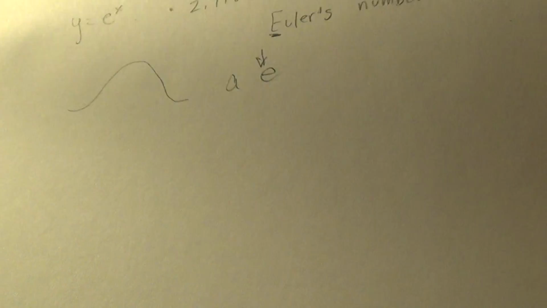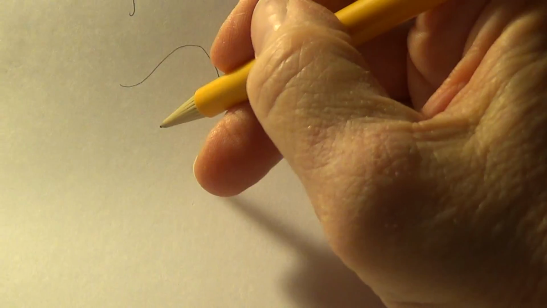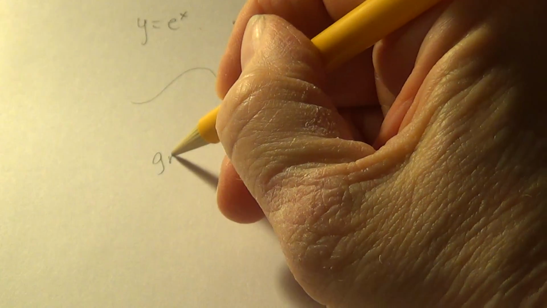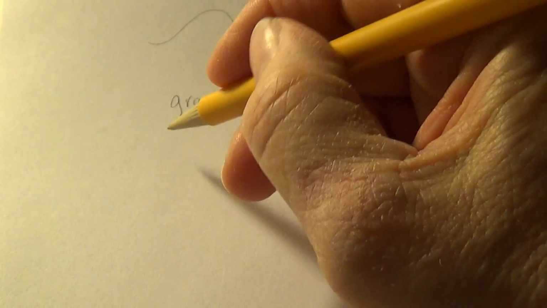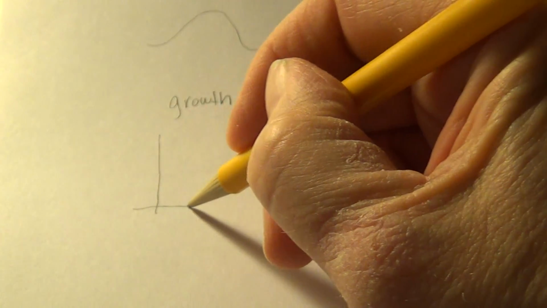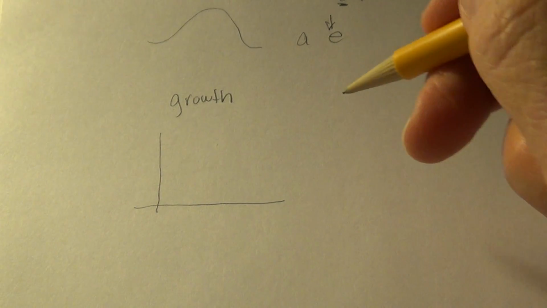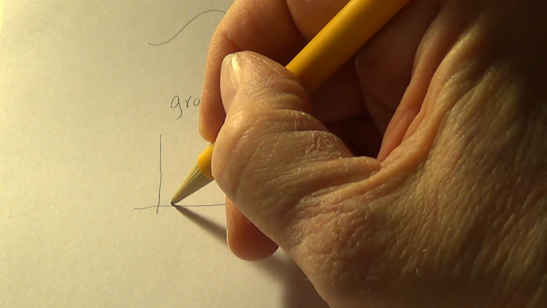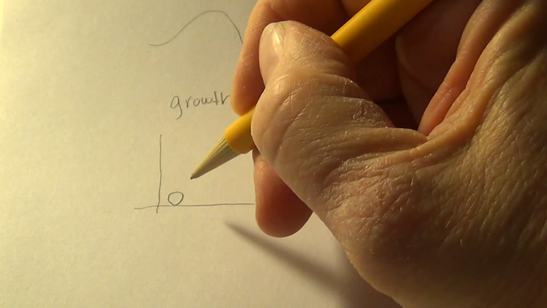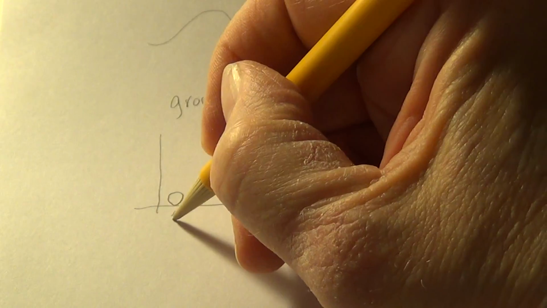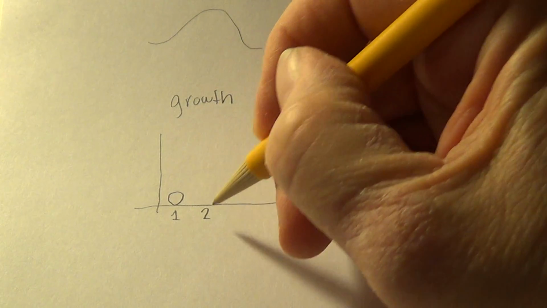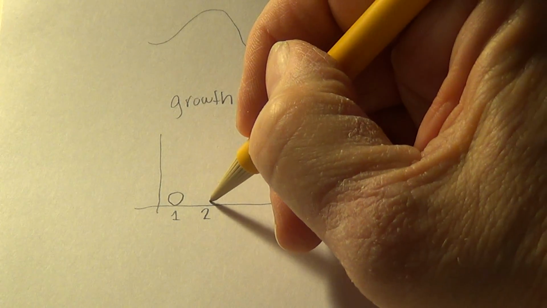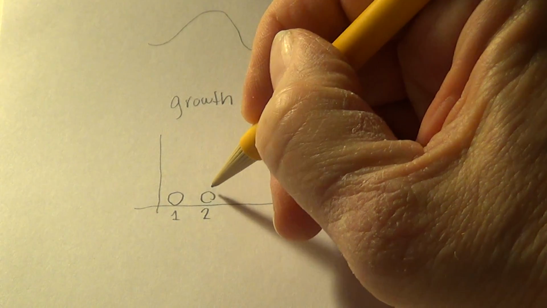E is the epitome of growth. So let's look at some growth situations like money. So I'm just going to do some theory here and we'll get back to the math, I promise. So if we have some money and say we start with a certain amount of money, at the end of the next term, let's say it's a year, the money doubles.